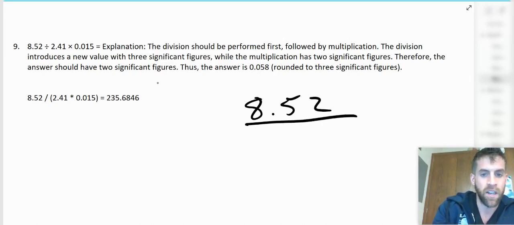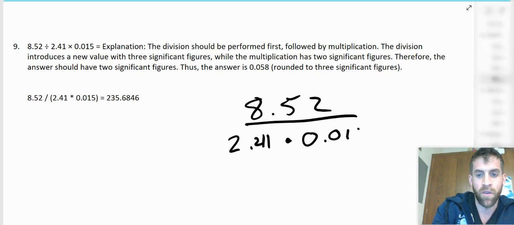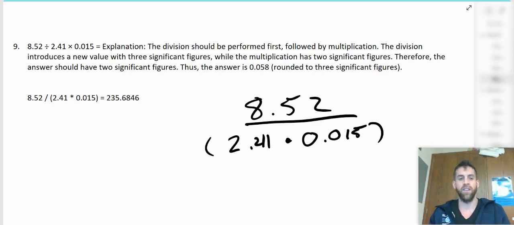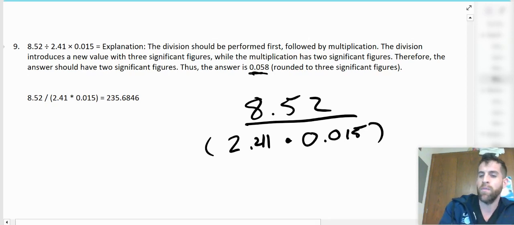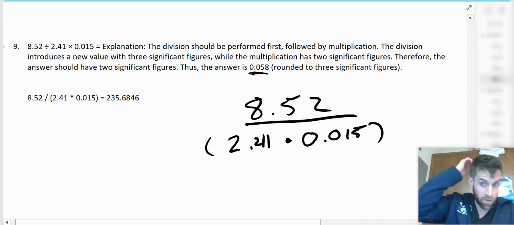And then we take 2.41 times 0.015, and so it needs to be divided by that entire thing. So I'm genuinely confused why our answer would be 0.058. So I'm going to go with my answer here. I might be incredibly wrong.